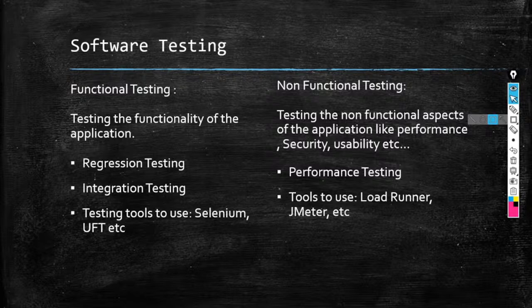The different tools we use here are Selenium and UFT for automation, right? And when it comes to non-functional testing, we test the non-functional aspects of the application like performance, security, usability. These come under non-functional testing.